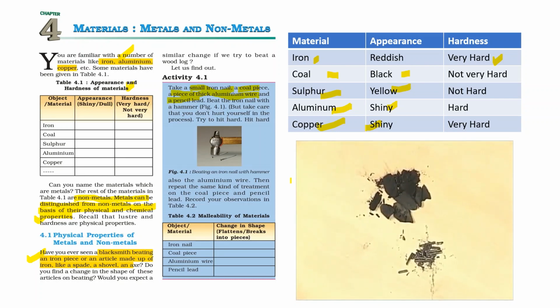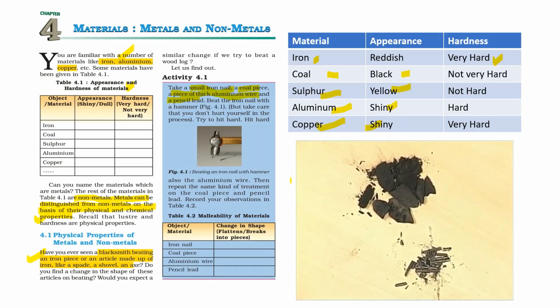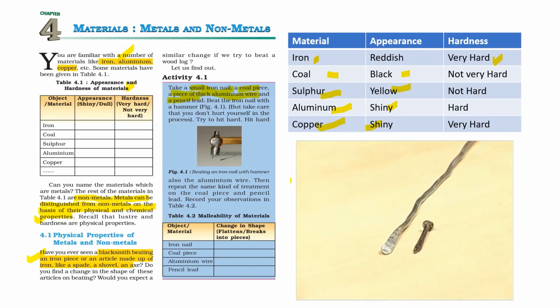Interestingly, you will find that coal pieces and pencil lead break into small pieces on beating. It is the property of metals that they take the shape of a thin sheet on being hammered. This property of metals is known as malleability. This is a characteristic property of metals.